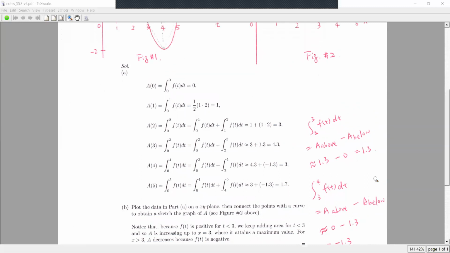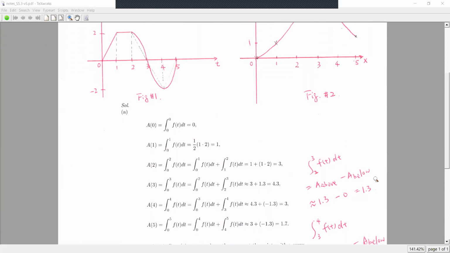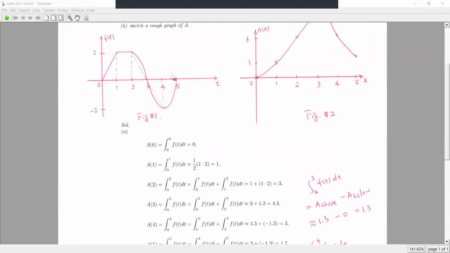Now go to the diagram. The integral from 3 to 4 is the net area of the region between 3 and 4. The region between 3 and 4 is this region. This time it lies completely below the t-axis.